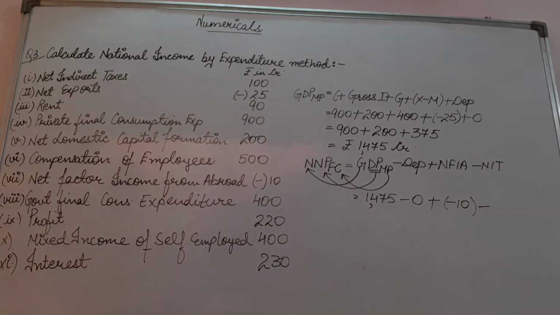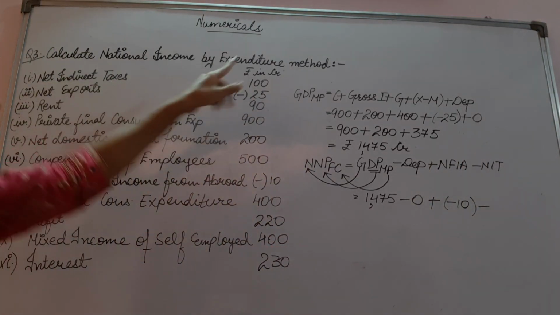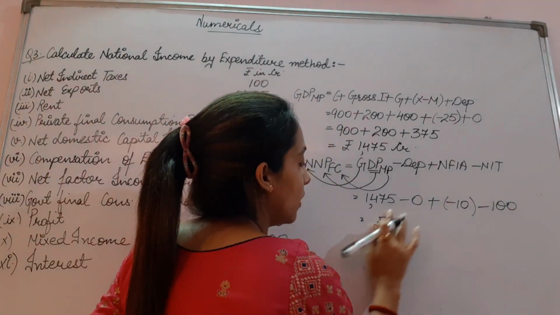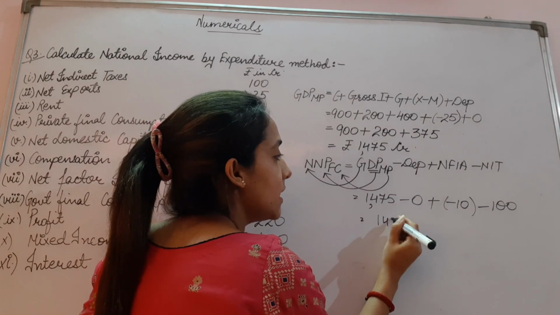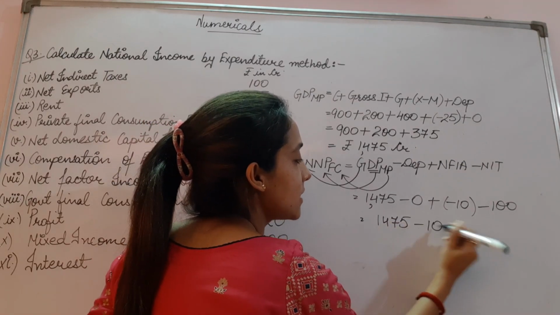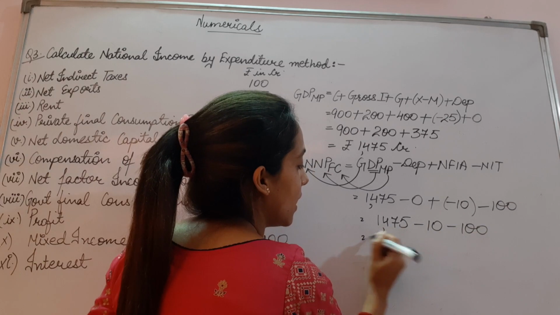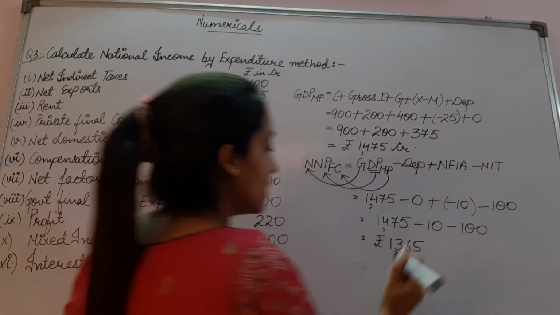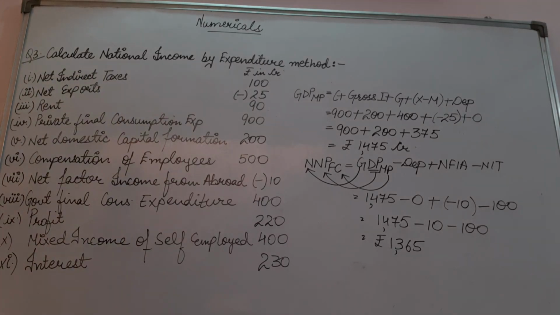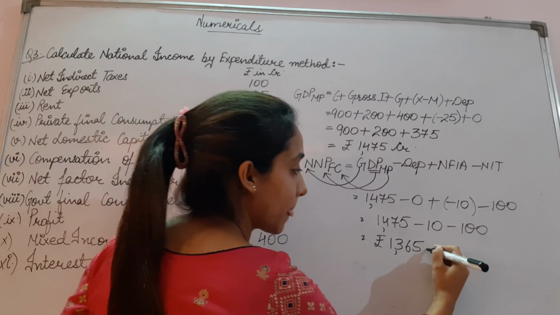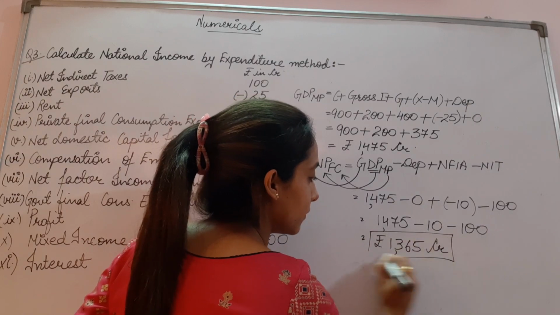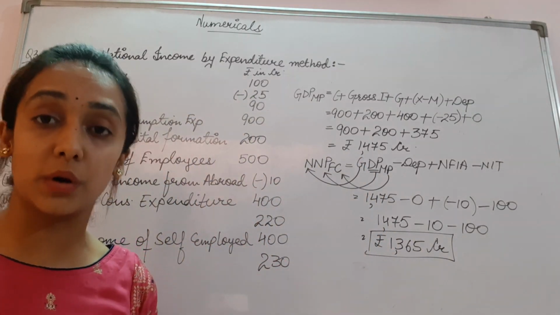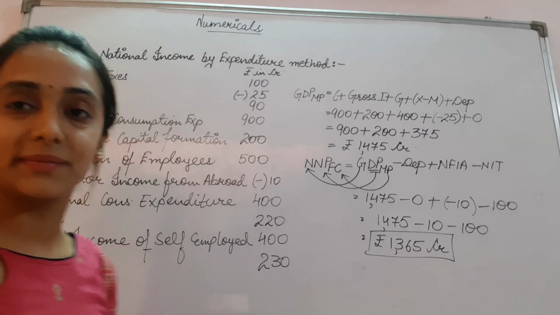Then minus NIT, that is net indirect taxes, 100. So 1475 minus 10 minus 100. The answer will be rupees 1365 crores.